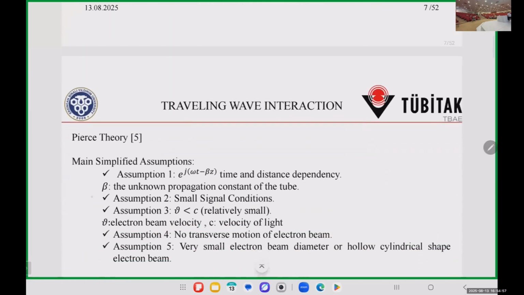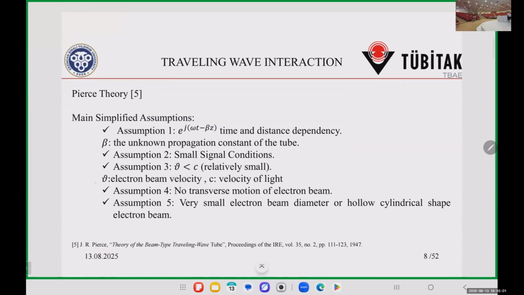To obtain wave-like solutions, we need some assumptions to simply understand the solution of this equation.